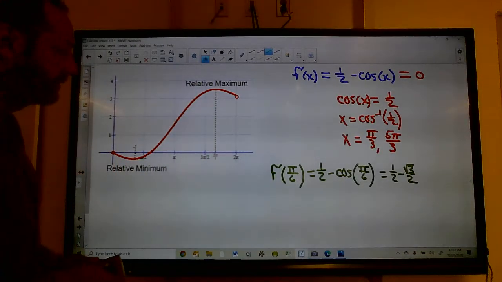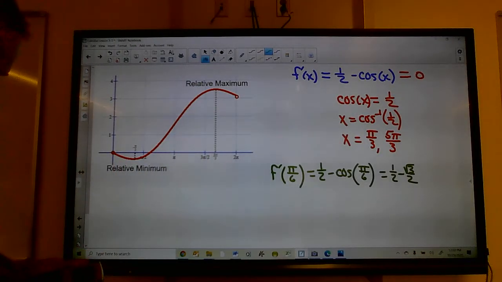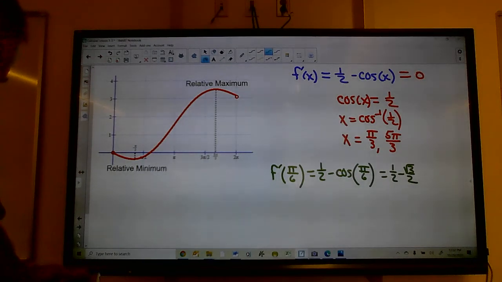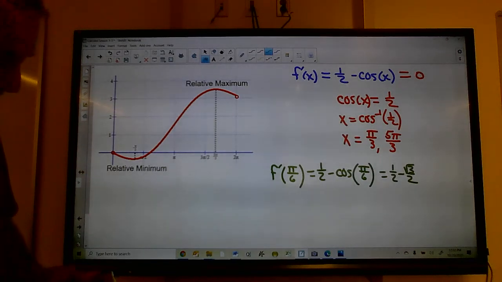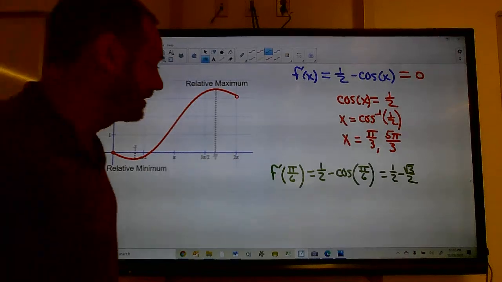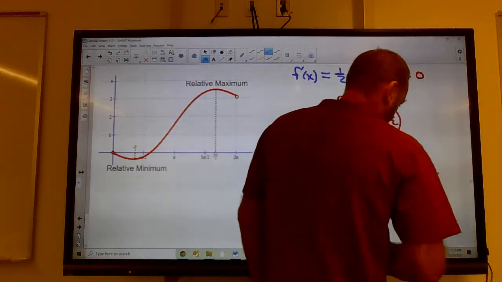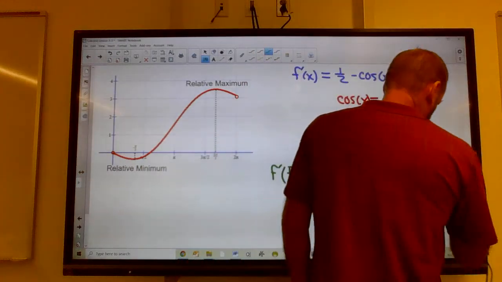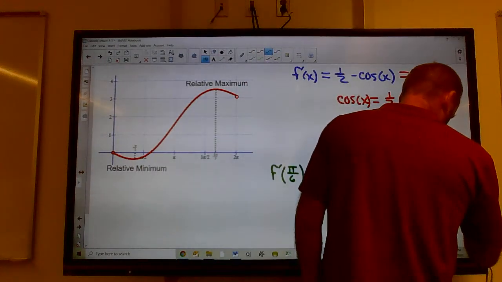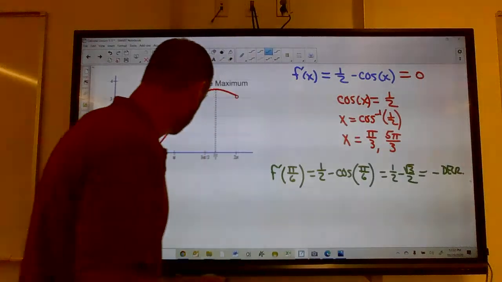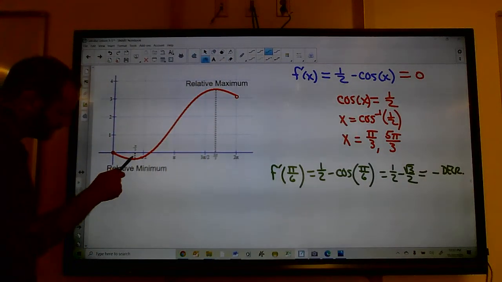And I believe that's negative, so yeah, that's negative. I don't care what the number is. It's negative. That tells me that it's decreasing. And that goes with this picture, doesn't it? The slope is decreasing down to here.